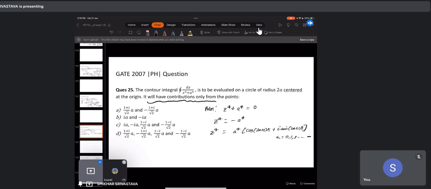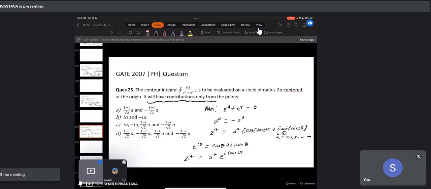We also know that we can express cos and sine in terms of exponentials. So we can write this equation, suppose this is equation 1, as z to the power 4 equals a to the power 4 exponential i (2n plus 1) pi.